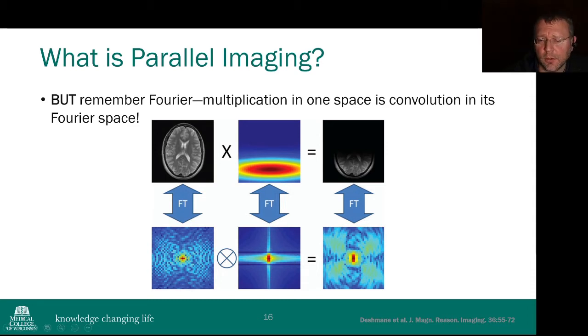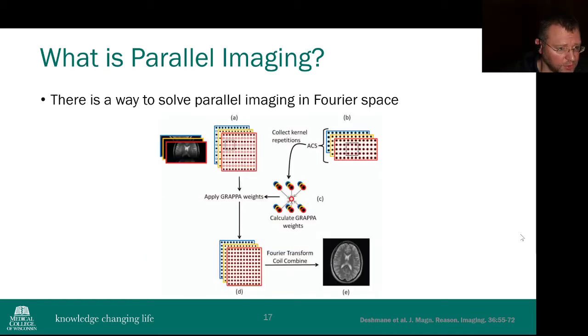With that known, the idea came up to, instead of doing SENSE in image space, to do something called GRAPPA in K-space. So the idea of GRAPPA in K-space is that as we're doing this acceleration, we're not actually acquiring every line of the image that we're trying to reconstruct, right? We're getting that aliasing. You get that aliasing by acquiring essentially every other line.